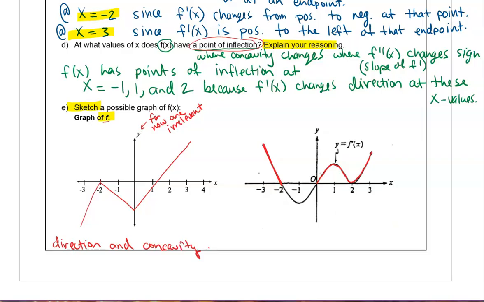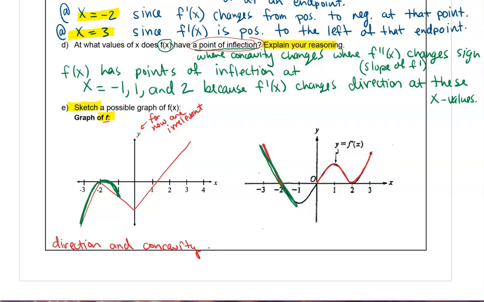Then the other thing I can tell is the concavity. So when the slope of f prime is negative, during that entire time from -3 to -1, my original function will be concaving down. So it kind of goes something like this for that part. So it's increasing and then decreasing, but that whole time it's concaving down.